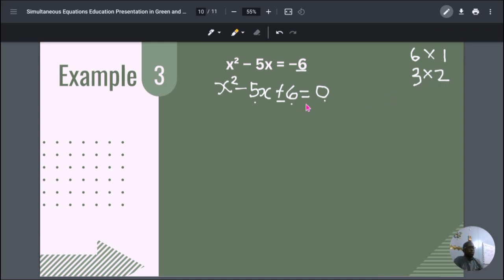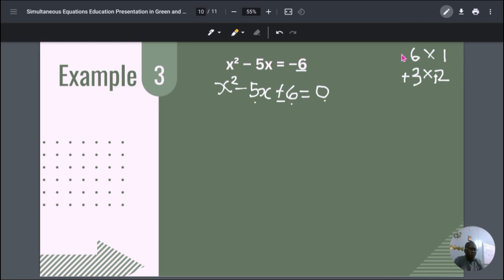You get it? But the problem here, if I'm using plus for all this, is that I'm having a minus here. So if I do plus 3 plus 2, I'm having 3 and I'm having 2, I'm having 5. That's a plus 5. But what I have here is a minus 5.